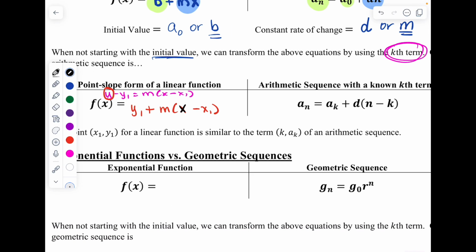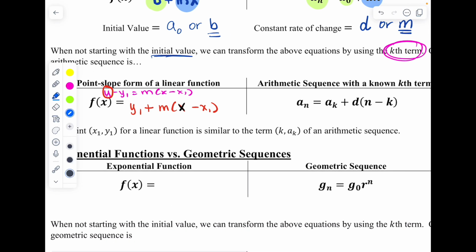Now if we look at this and analyze it, please use your highlighter, we can see that this kth term value is the same as whatever this y1 value is, the y value of the first point. And our slope here, remember we already said, is equivalent to that common difference. And this x is the same as this variable.